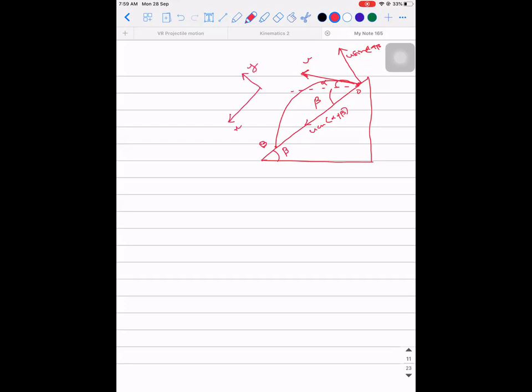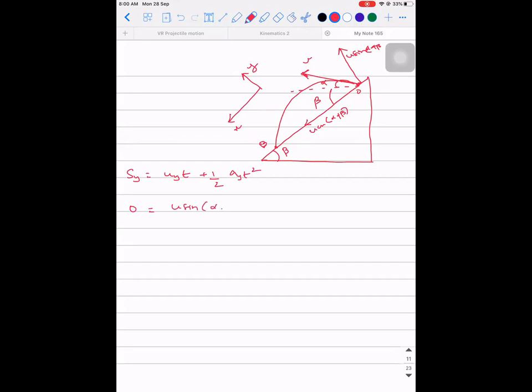Accepted? When that is the case, how are we going to find the time of flight again? So for time of flight, same story again. Sy is equal to uy into t plus half into ay into t square. So Sy is how much? 0. Uy is how much?